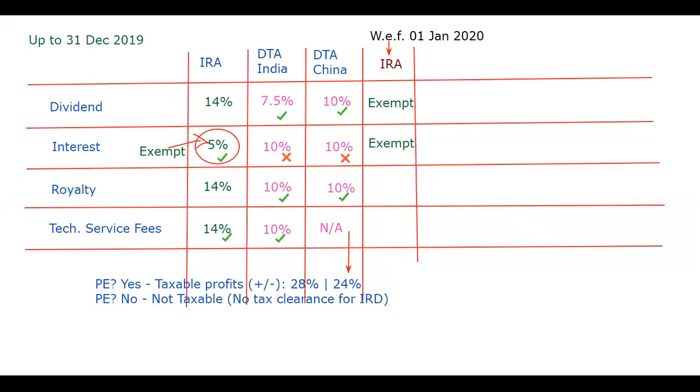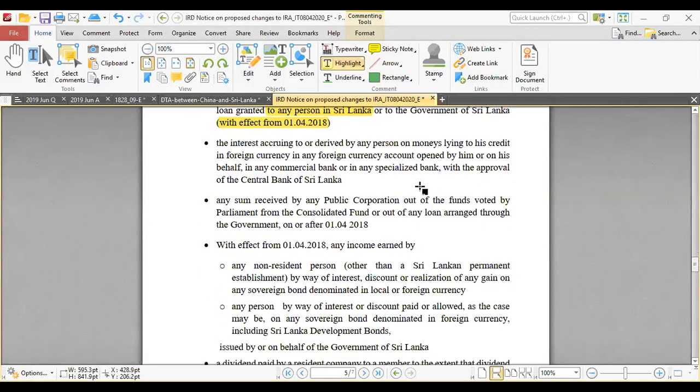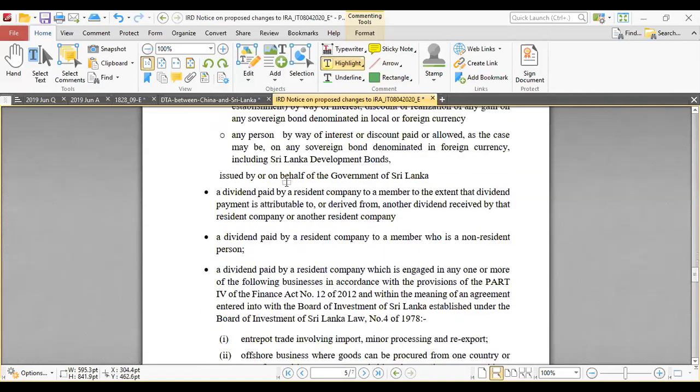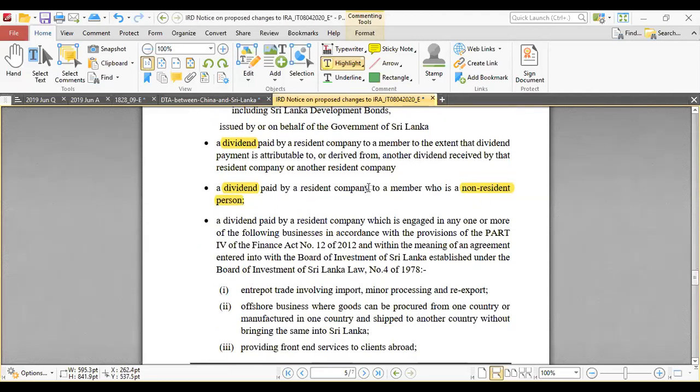right? And then the interest and other government securities, foreign currency accounts, there are some other exemptions, dividend cases, dividend received, and then dividend paid by a resident company to a member who is a non-resident person.